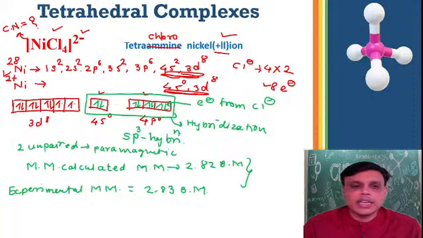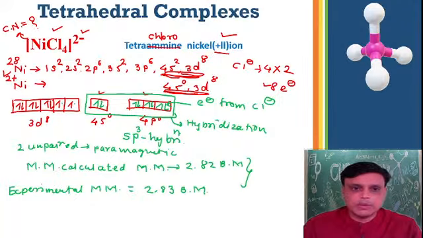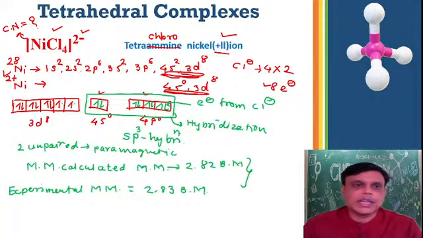So we can say that whatever we have applied here is correct according to the valence bond theory. And this complex, NiCl4, shows sp3 hybridization. Due to this matching of magnetic moment value, we can say that the observed and actual geometry of this complex is tetrahedral, and the hybridization of this complex is sp3.